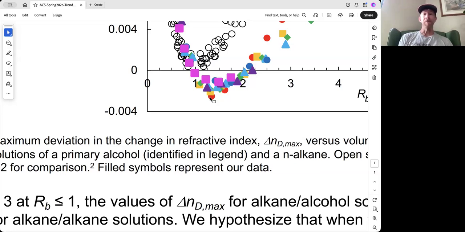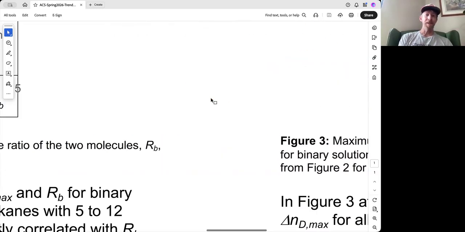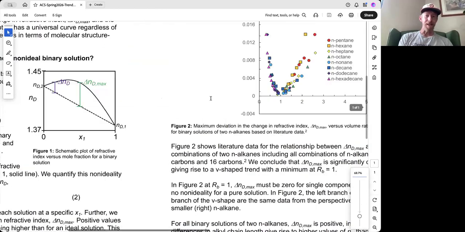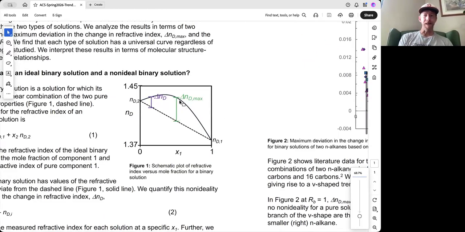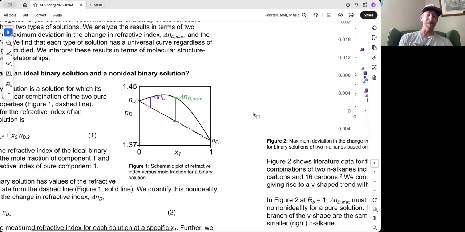So 1-propanol being more negative is more non-ideal at its maximum, because delta ND max is always the one that's farthest from this line, whether it's a positive or a negative delta ND max.